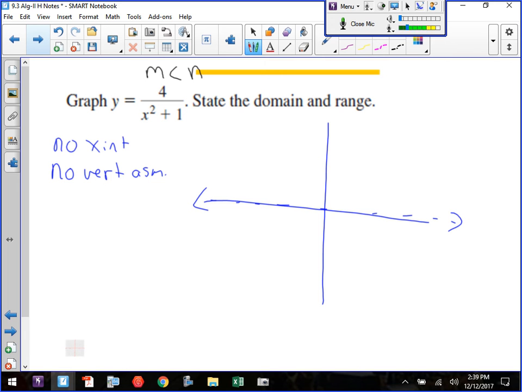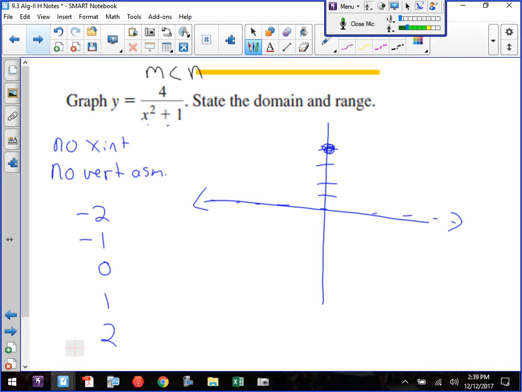When you look at this, this quite literally becomes pick points again. Go back to -2, -1, 0, 1, 2. What happens when x is 0? It becomes 4, right? It does exist, because what's 0 squared? 0. What's 0 plus 1? 1. 4 divided by 1 is 4.